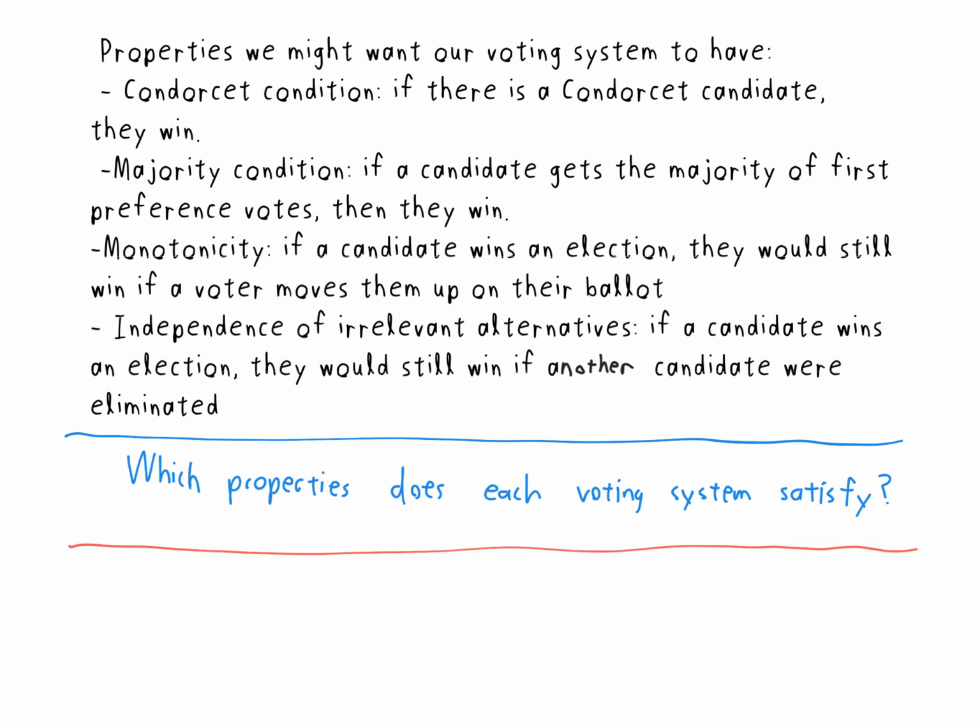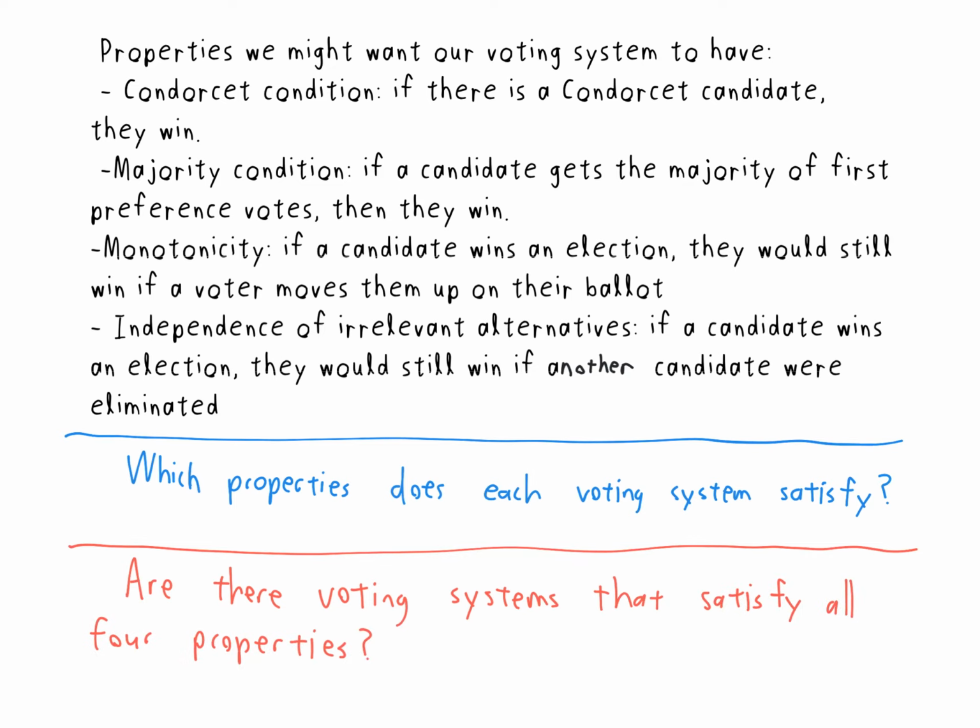So then another question becomes natural. Are there voting systems out there that do satisfy all four of the conditions that we've listed here? Is there some other voting system that we just haven't talked about that satisfies all four of these desirable properties? And this was the question studied by Kenneth Arrow, which we'll talk about in the next video.